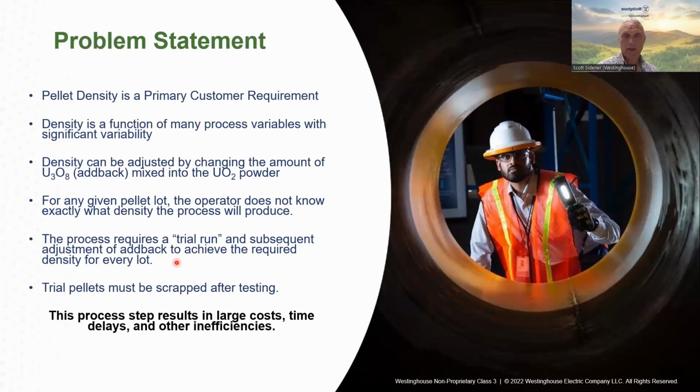Knowing what the final result was, they then made a human judgment on how to change the add back setting, how to turn the knob to get the final results that they wanted.